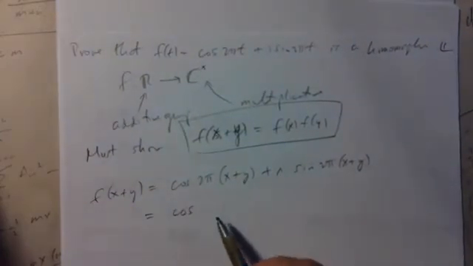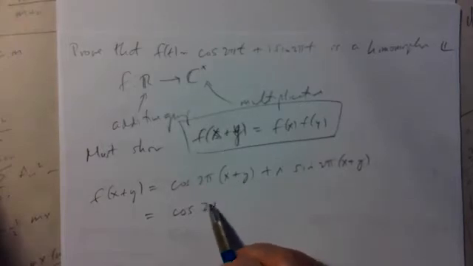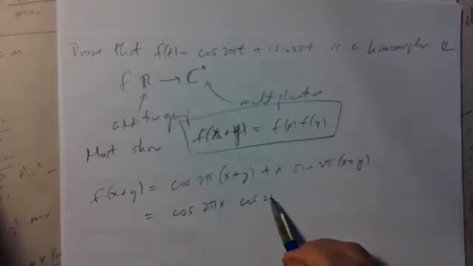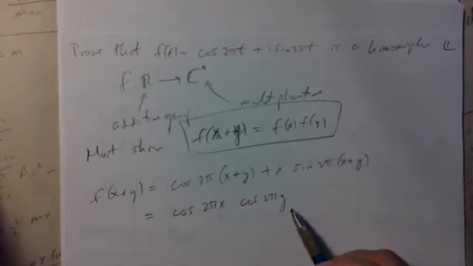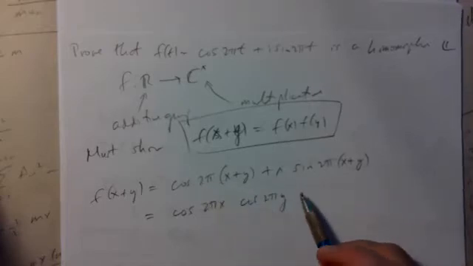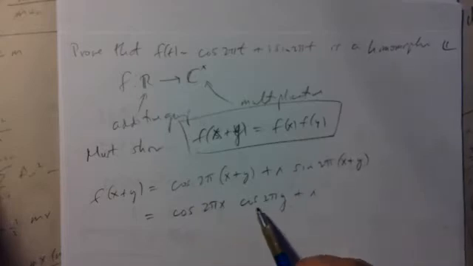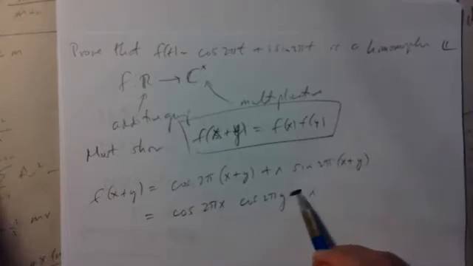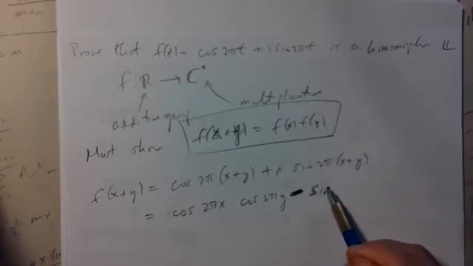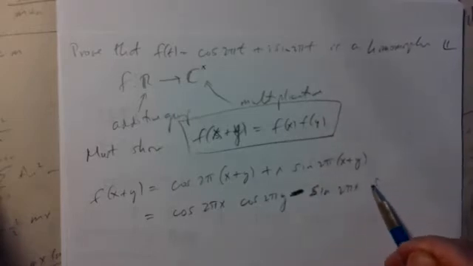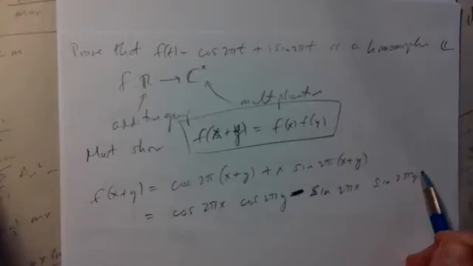So this is the cosine of 2 pi x cosine of 2 pi y minus the sine of 2 pi x times the sine of 2 pi y, plus I times the sine addition formula: sine of 2 pi x cosine of 2 pi y plus cosine of 2 pi x sine of 2 pi y.